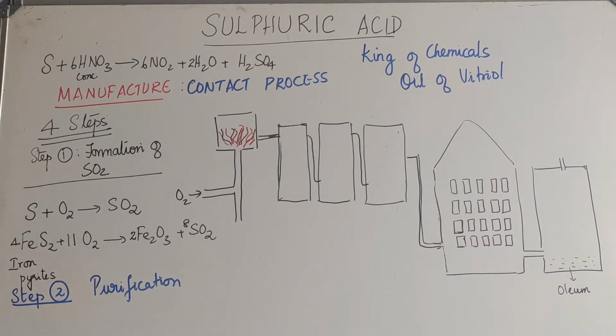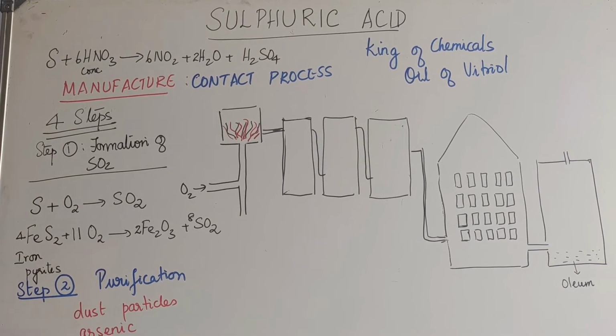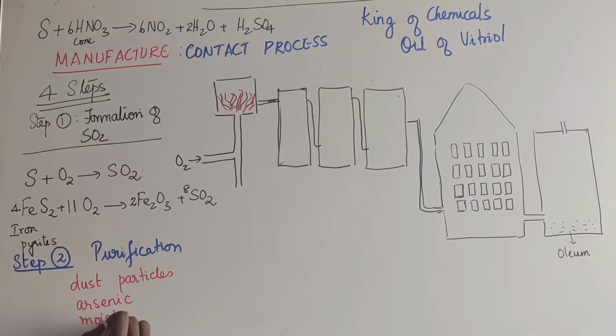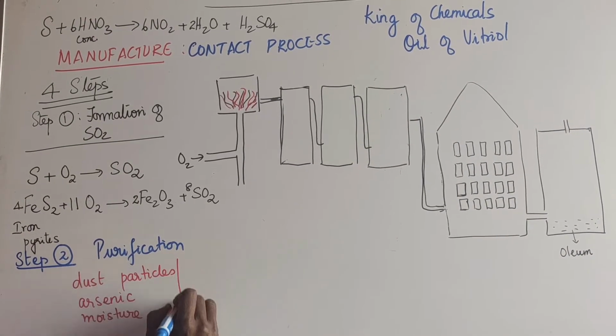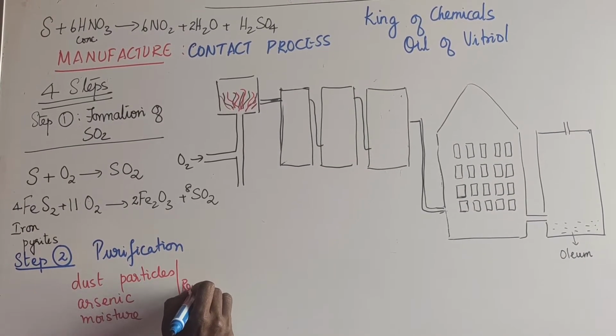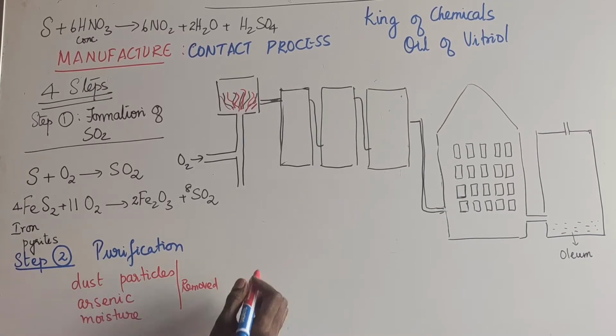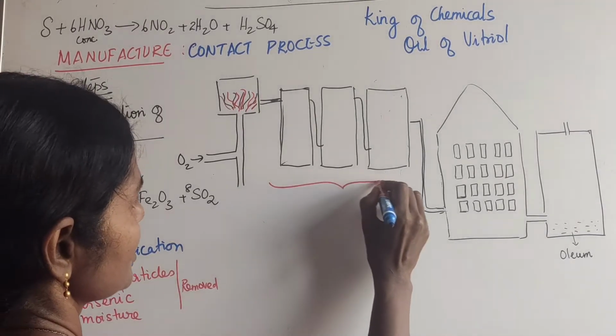Now these gases have impurities like dust particles and others like arsenic. Moisture is there which has to be removed. So all these have to be removed. This is the purification step.